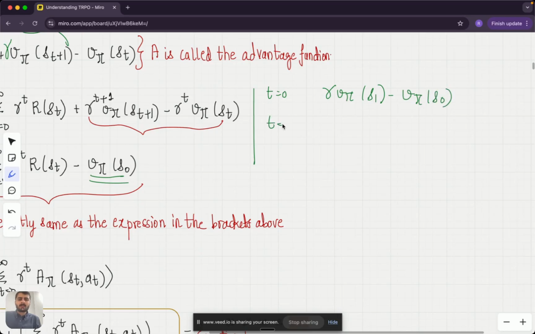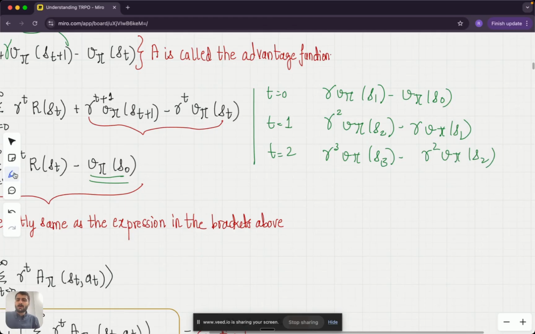For t equal to 1, the second term is going to look like gamma raised to 2, v pi of s2 minus gamma times v pi of s1. For t equal to 2, the term is going to look like gamma raised to 3 v pi of s3 minus gamma square v pi of s2.